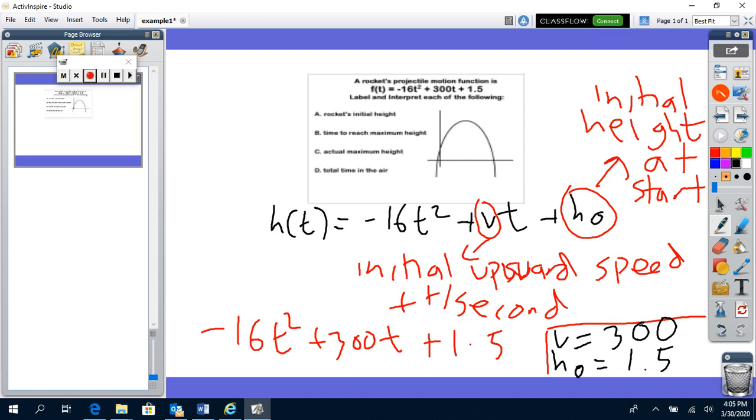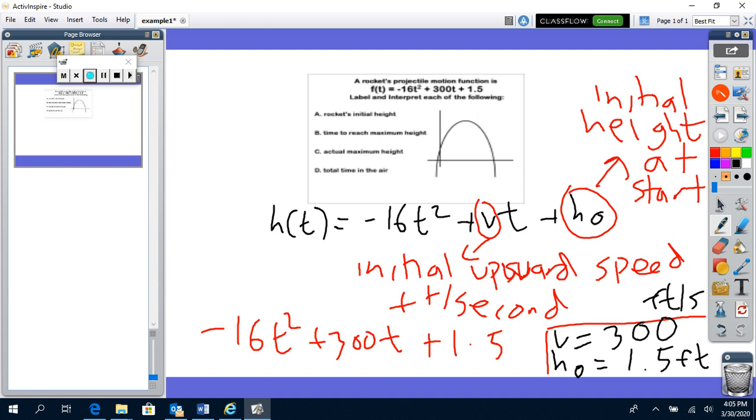So the initial speed of our rocket is going to be 300 feet per second, and the height of the rocket when we start is going to be 1.5 feet above the ground.